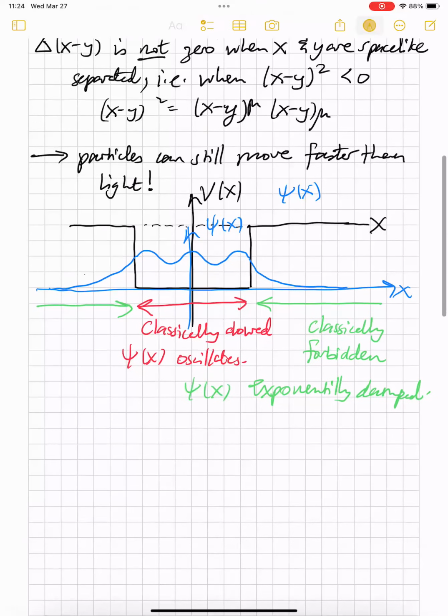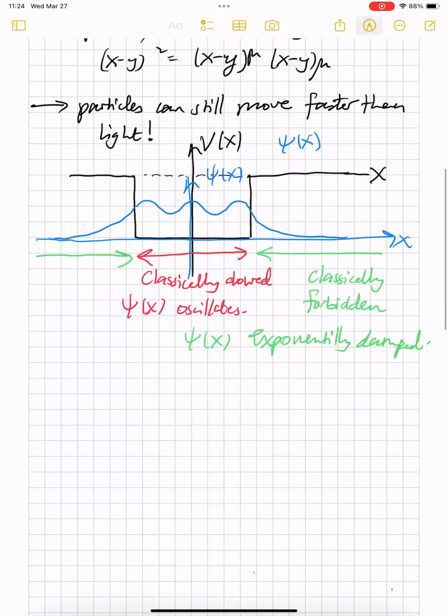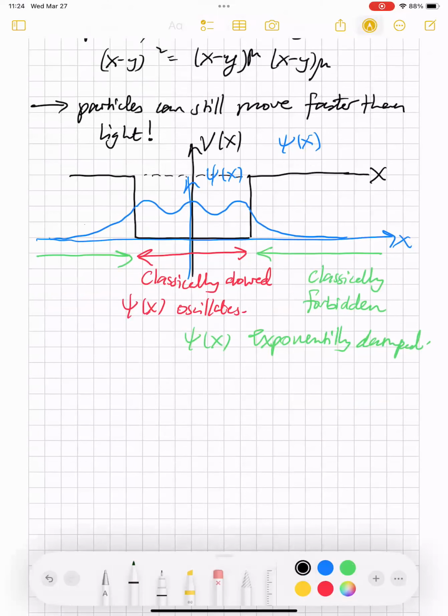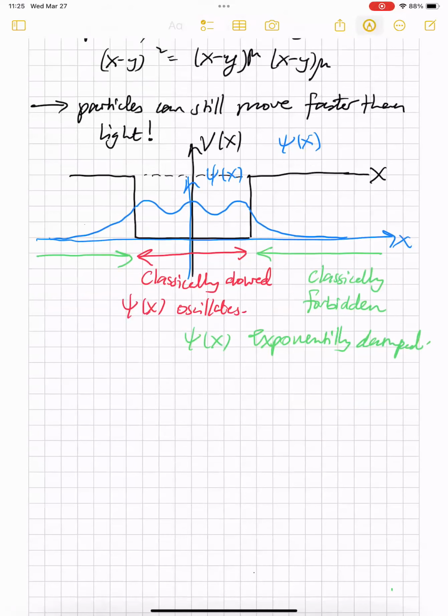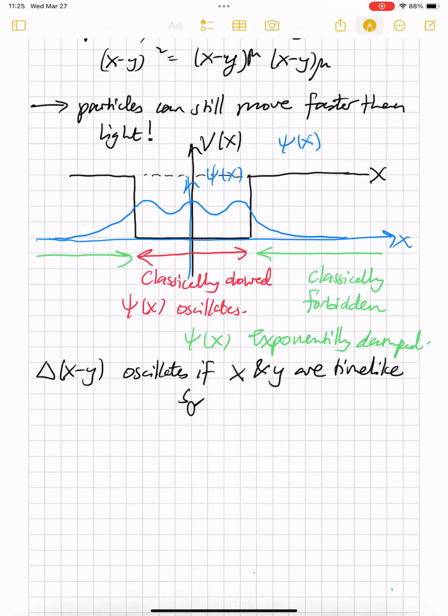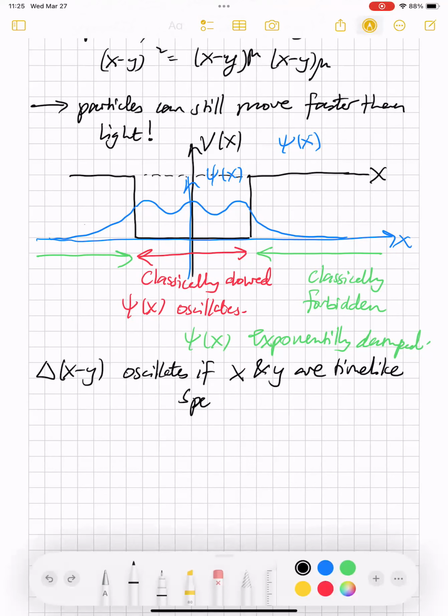Now, why am I mentioning this? Well, if we look at the behavior of delta of x minus y, it oscillates if x and y are time-like separated. Just the kind of behavior that you had when you were in the classically allowed region.